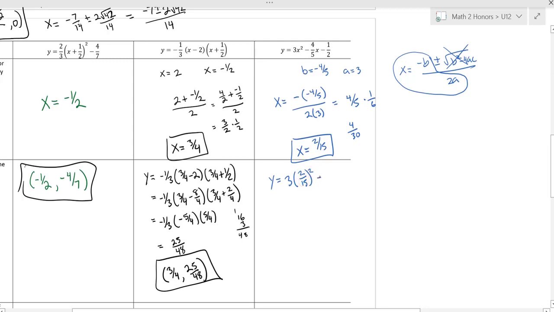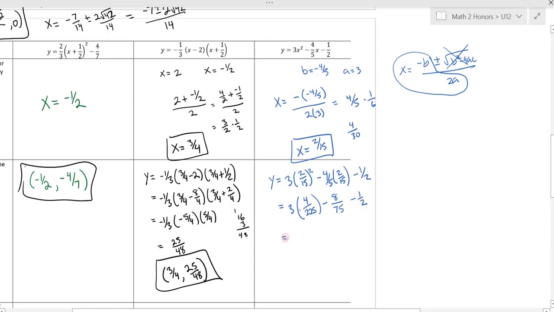Squared minus 4/5 times 2 over 15 minus a half. So that's going to be 3 times 4 over 225 minus 8 over 15 times 5, that's going to be 75, and minus a half.